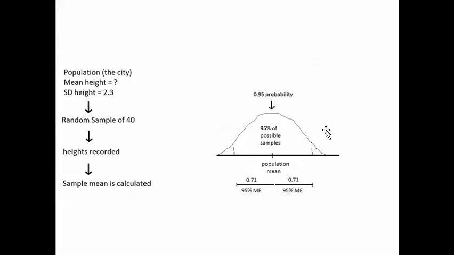Overall, we know that when this sample is randomly selected from the population and the sample mean is calculated, there's a 0.95 probability of getting a sample mean somewhere within 0.71 of the population mean. In other words, there's a 0.95 probability that the sample mean will end up being somewhere between 0.71 below and 0.71 above the population mean.